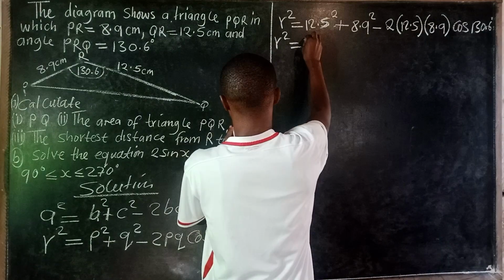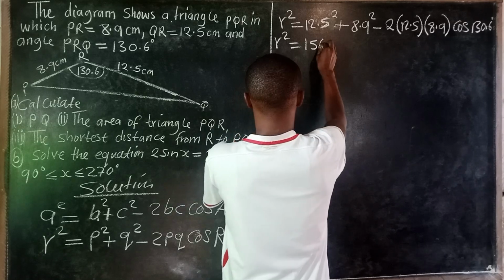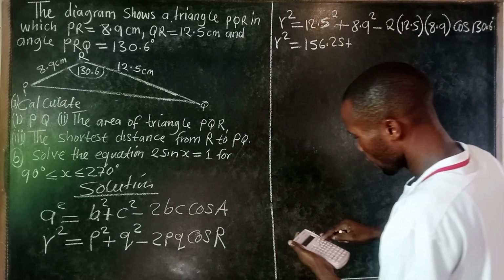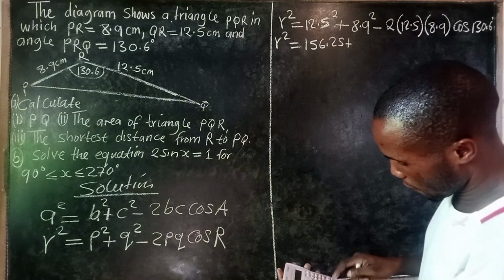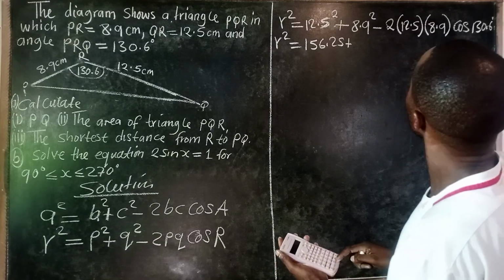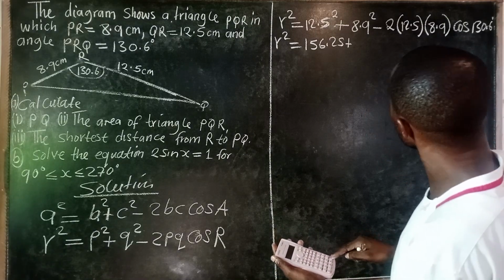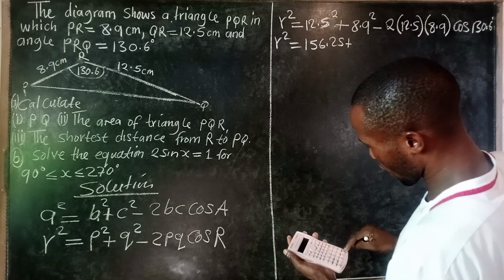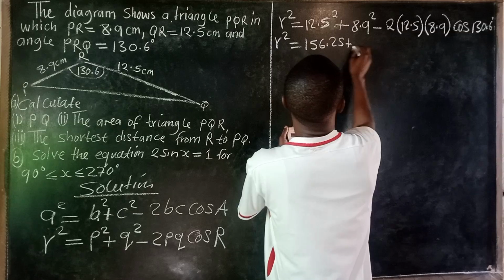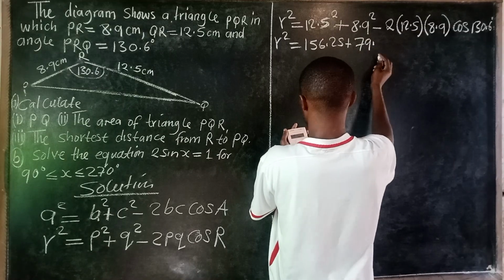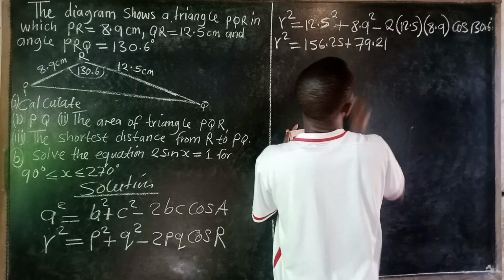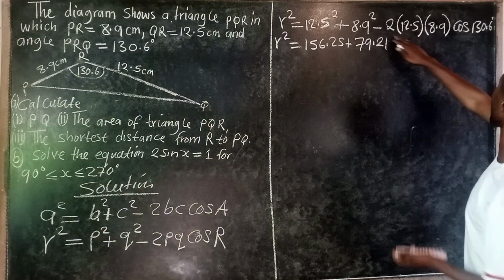Here we are going to have 156.25, then plus 8.9 squared. We are using a calculator here. 79.221. Then we multiply the rest.